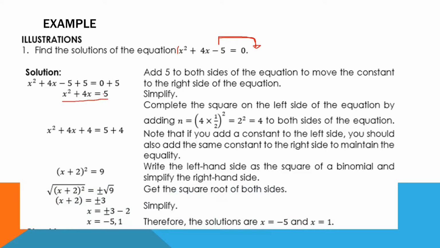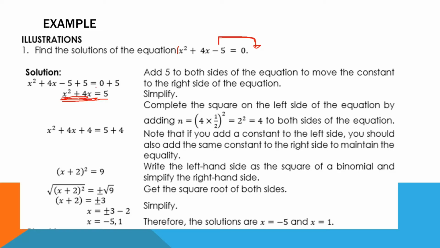Then after that, we are going to complete the square. So i-complete natin yung square dito para maging perfect square trinomial. Pag sinabi kasi nating trinomial, ibig sabihin dapat tatlong term siya. 1, 2, tapos meron pa dito. So magdadagdag tayo dyan. Yung idadagdag natin is the square of the half of the coefficient of x.